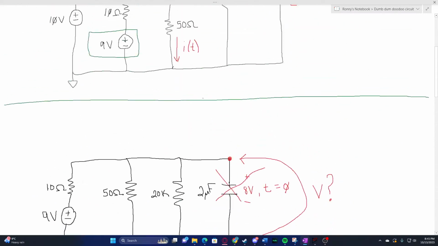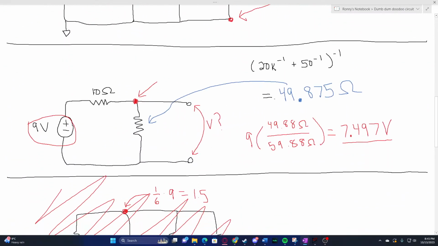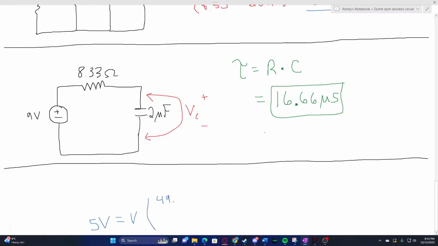I wrote it up here, didn't I? Oh yeah, 49.875 divided by 59.875 ohms, the 10 ohms more.